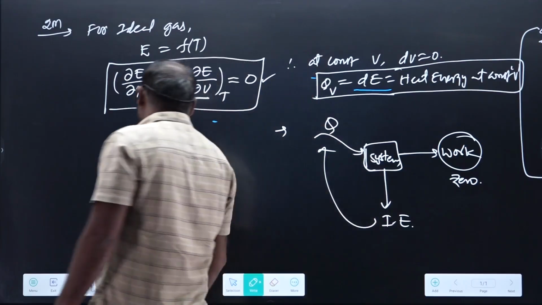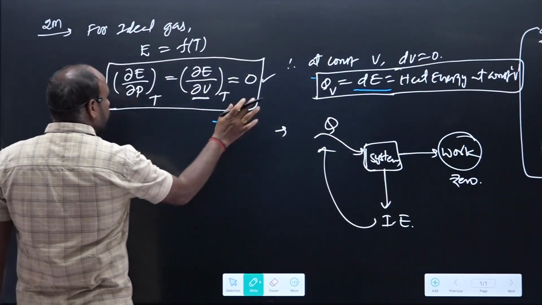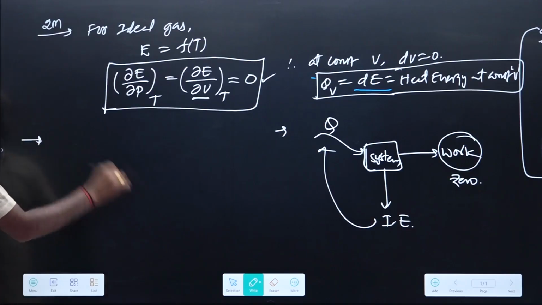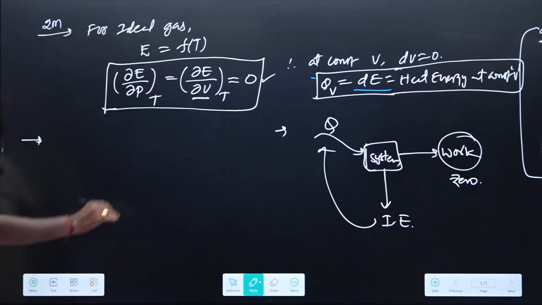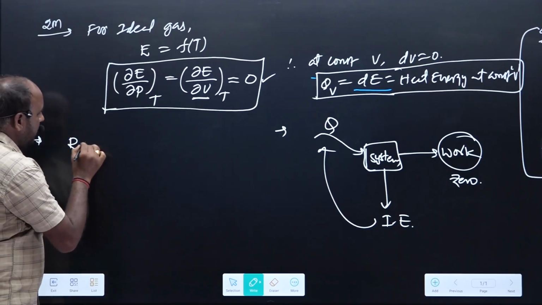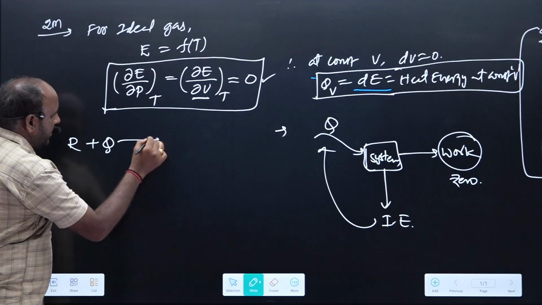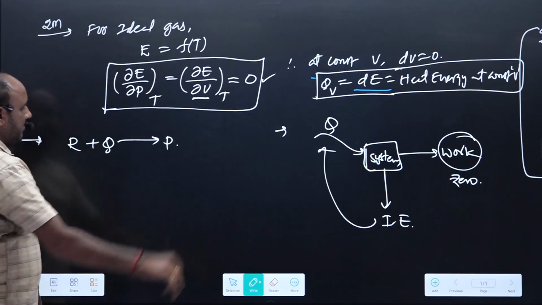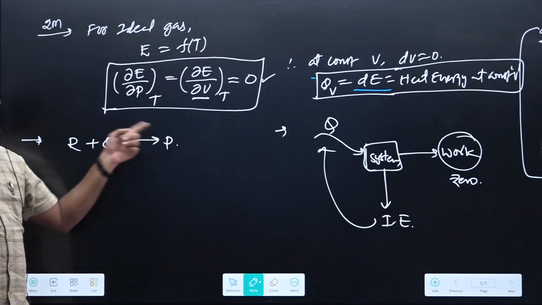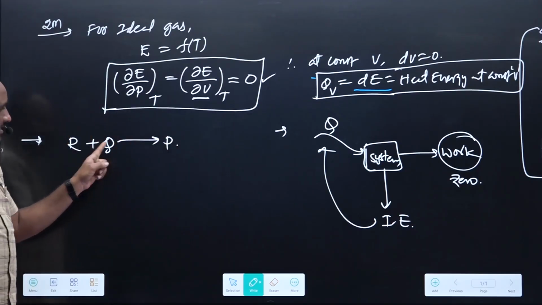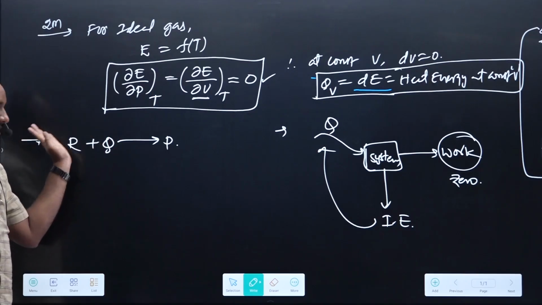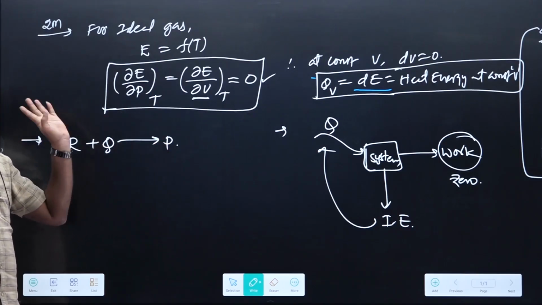Whenever heat is absorbed or evolved, we have to see what the change of internal energy will be. Some reaction will be there, where reactants by absorbing some amount of heat energy are converted into products.